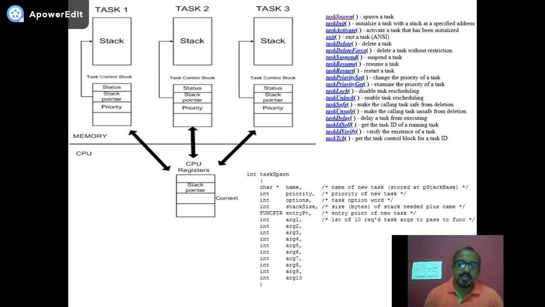So we create a task or a process, then write the code and execute it. Instead of writing one single program for any embedded system, we divide that program based on the different jobs done by the embedded system. For example, the mouse I told you about: we divide the same program into small chunks and execute them.